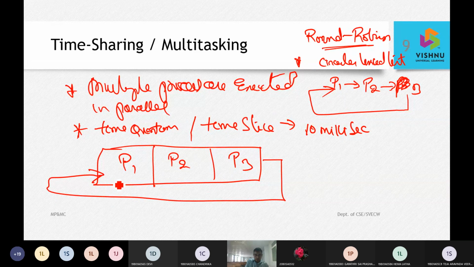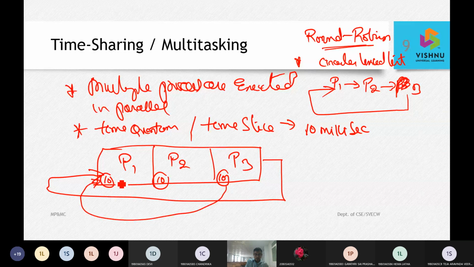So first 10 milliseconds it executes P1, next 10 milliseconds it executes P2, next 10 milliseconds it executes P3. Then again P1, P2, P3.